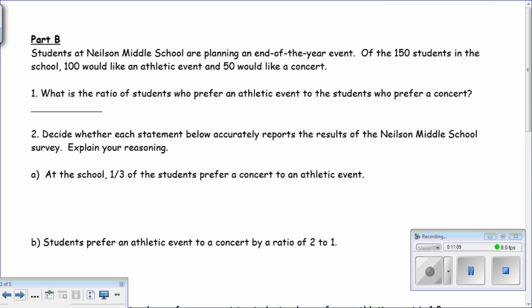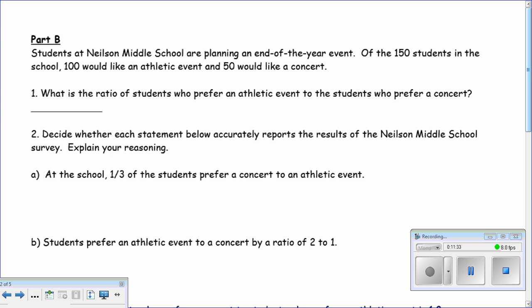Students at Nielsen Middle School are planning an end-of-the-year event. Of the 150 students in the school, 100 would like an athletic event, and 50 would like a concert. All right, so in question 1, it says, what is the ratio of students who prefer an athletic event to those who prefer a concert? So we're looking for a ratio.